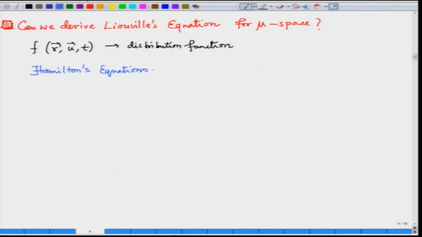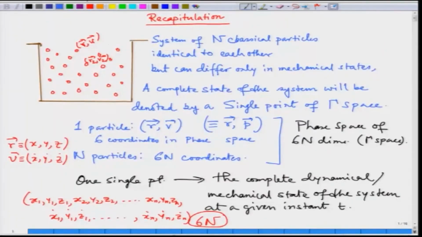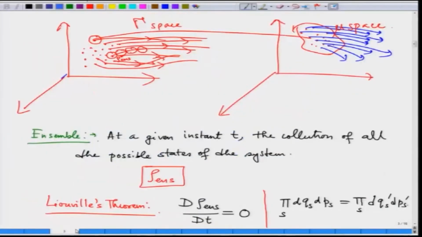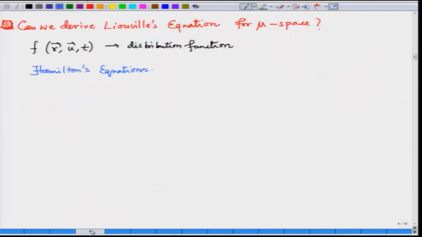That means the system was an isolated system. There can be interaction between two particles, but there was no source of energy from outside, or sink of energy outside. So, the system as a whole does not gain any energy, and similarly it is not losing any energy. That is why this is a conservative system and we could define a Hamiltonian.